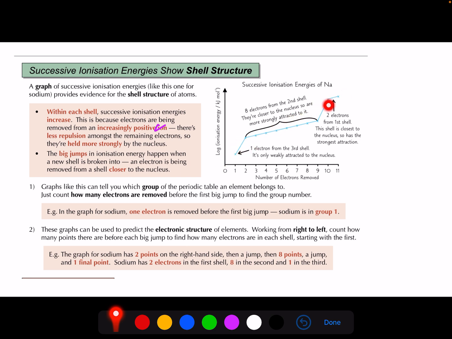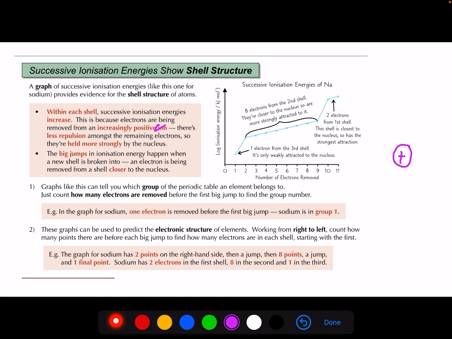Generally, look, guys, there's an increase in the successive ionization energy, and this goes with all elements. Why? If you were with me focusing since the start of the video, you will be able to answer this question.